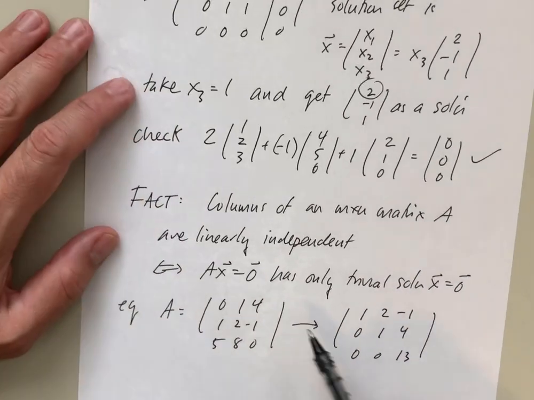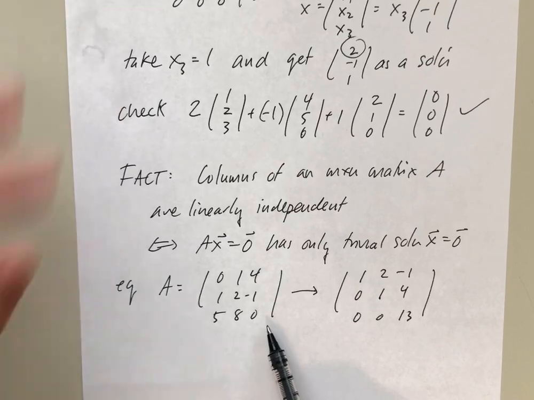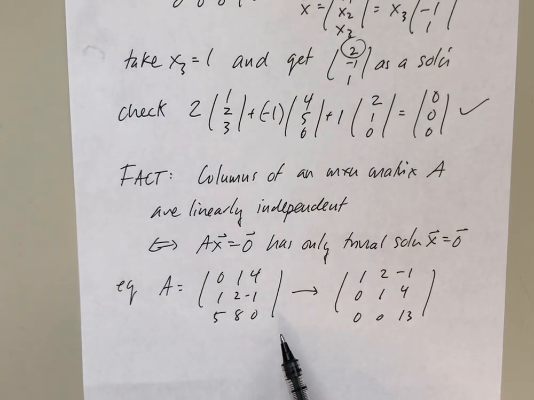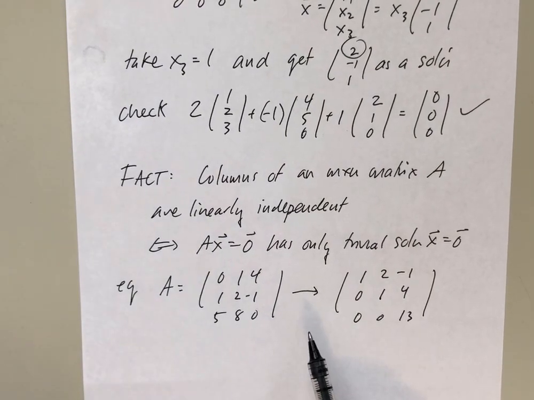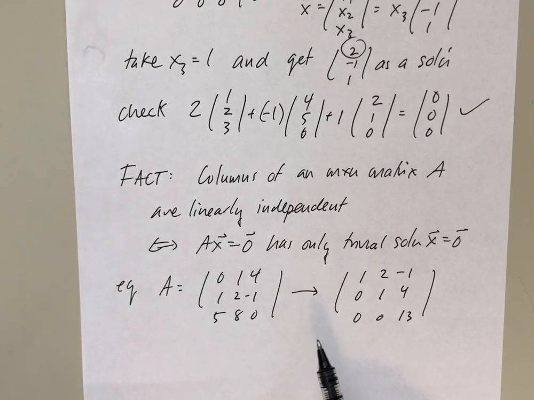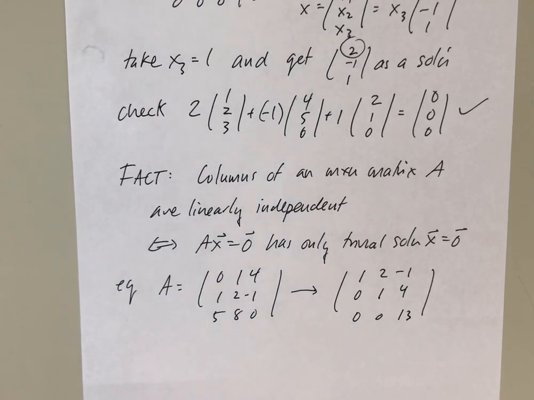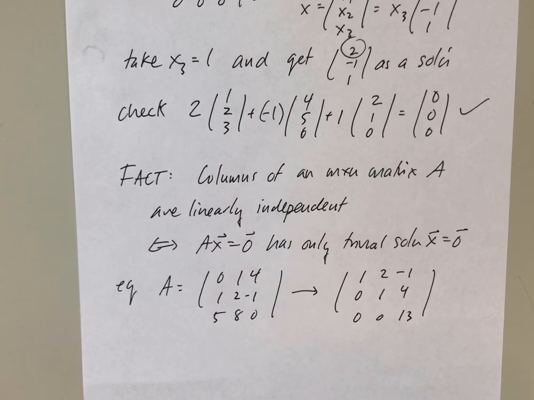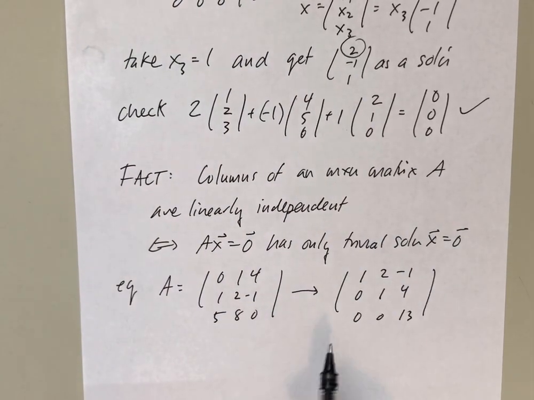Now notice that I did not augment this with 0, 0, 0 because I don't care. I know it's always going to be 0, 0, 0 on the right-hand side. It's typical to think about having a secret column of zeros there, but you actually don't need it.